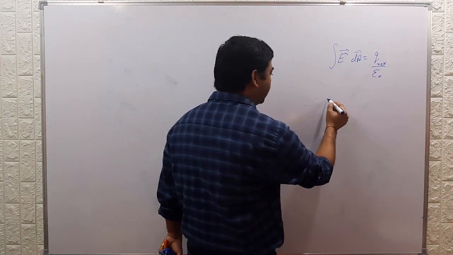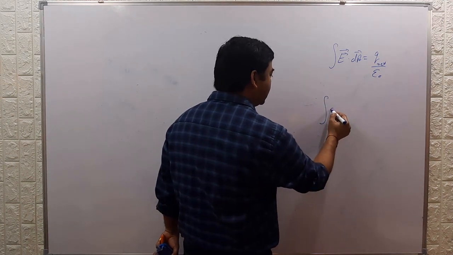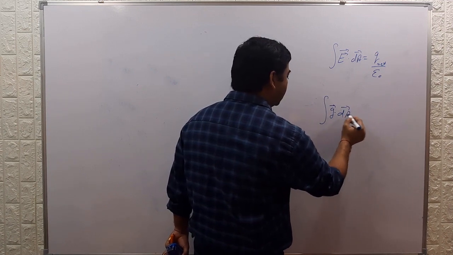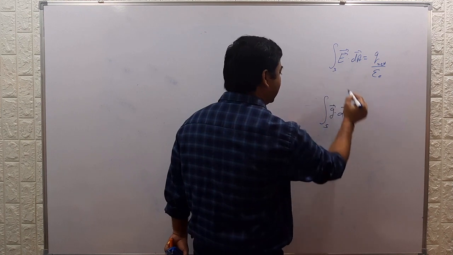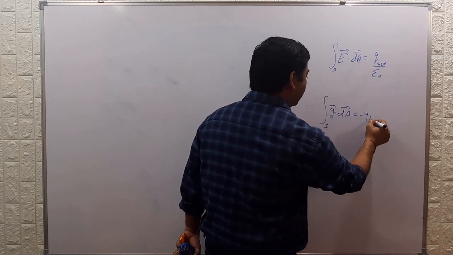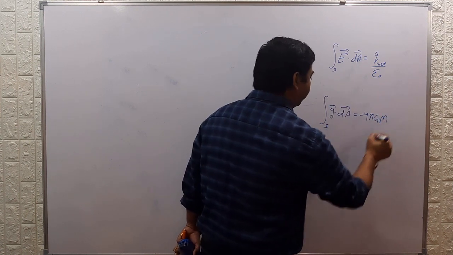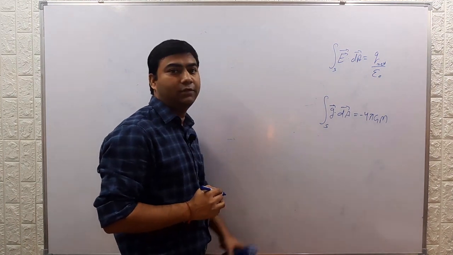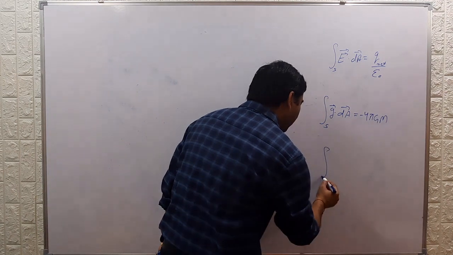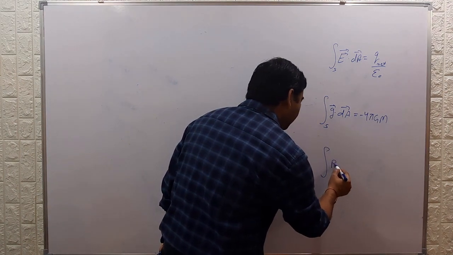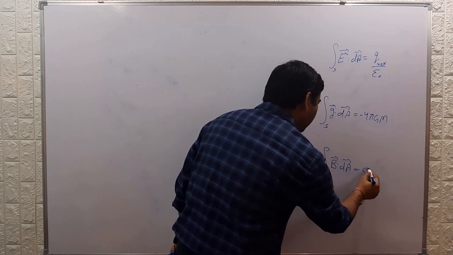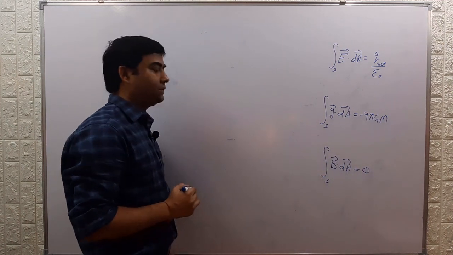Similarly, Gauss's law for gravitational field is G dot dA is equal to minus 4 pi Gm. That is Gauss's law for gravitational field in integral form. For magnetic field, Gauss's law is B dot dA is equal to 0 for any Gaussian surface.